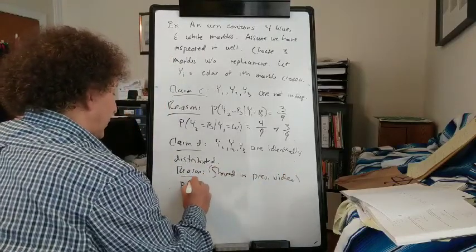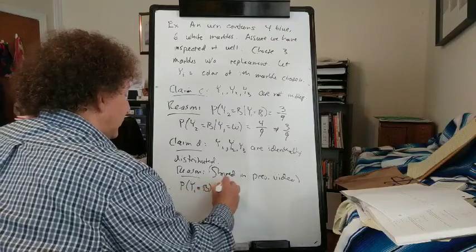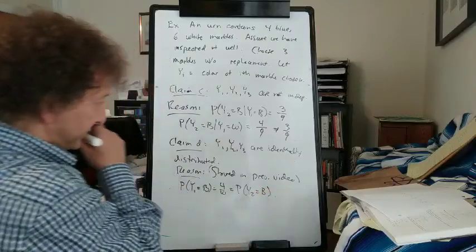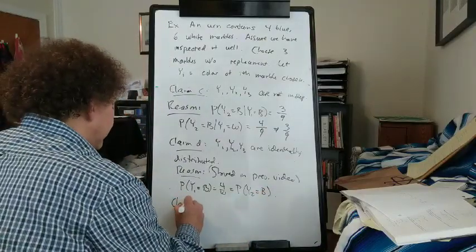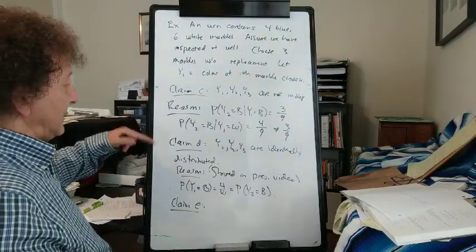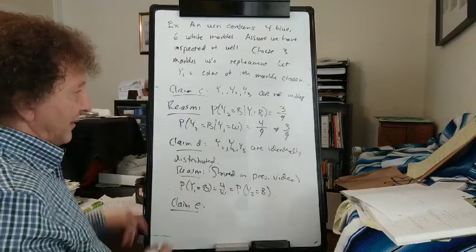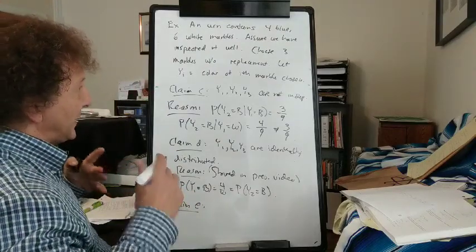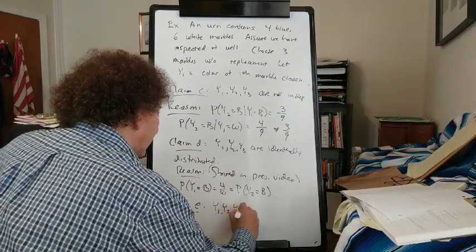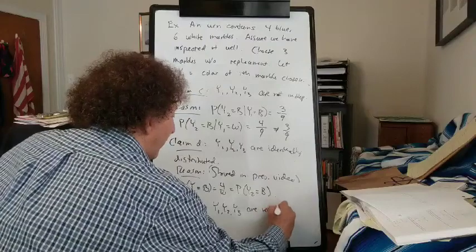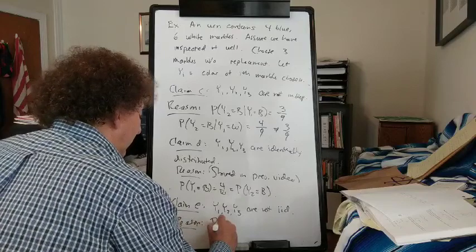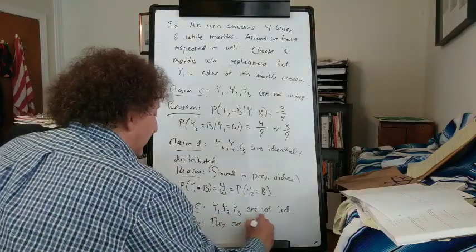The probability that y1 is blue is 4/10, and that equals the probability that y2 is blue also. So since these are identically distributed but not independent, we can't say that they're independent and identically distributed. So they're not independent.